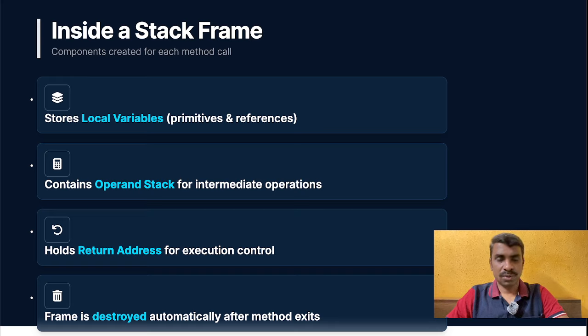Those results will also be in the stack. It holds the return address for execution control, the return address of this particular execution. Then the frame is destroyed automatically after the method exits. If you have a method calculate, you are doing some processing, and once you return or exit from the method, that data will get removed, destroyed.